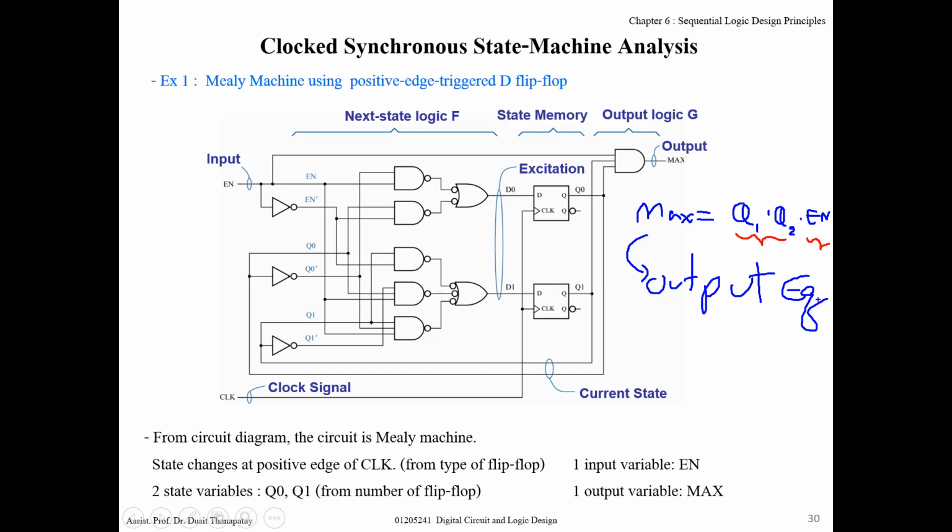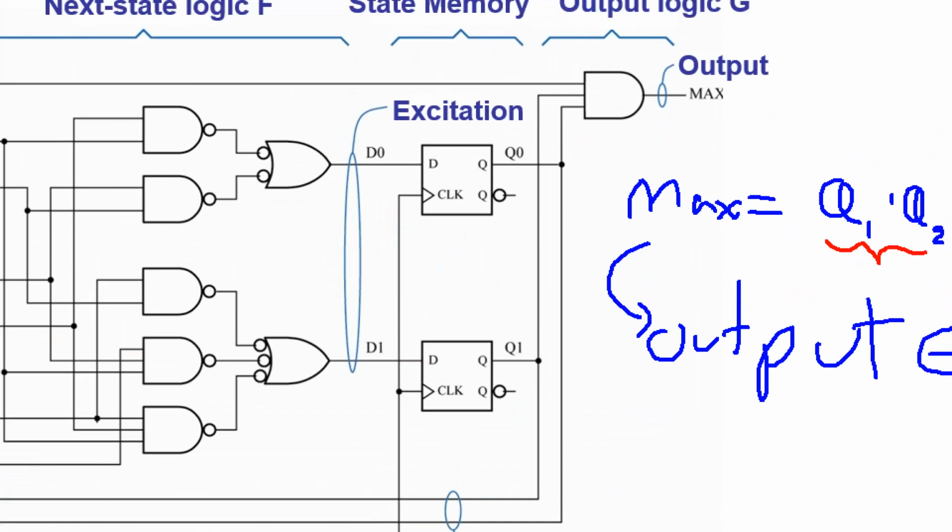You need one more equation to determine the next state, namely when the clock ticks. You must know what the new value of the state is, namely Q0 star and Q1 star.